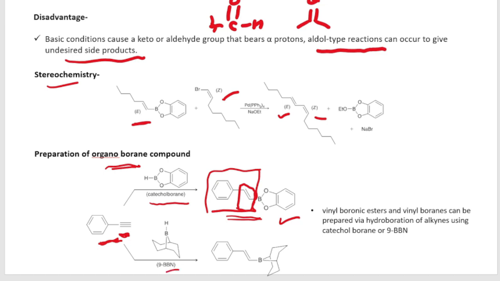And if you treat it with 9-BBN, you will get this compound. So vinyl boronic ester and vinyl borane can be prepared via hydroboration of alkyne using catechol-borane or 9-BBN.